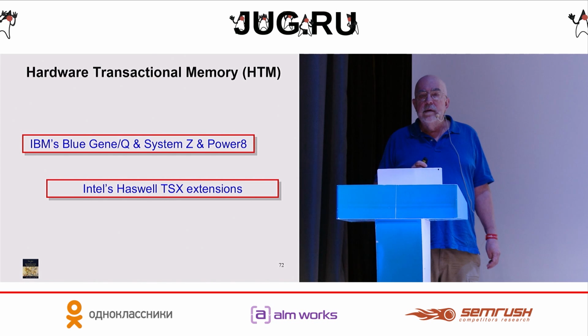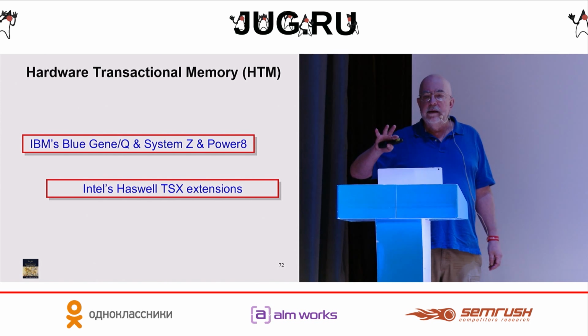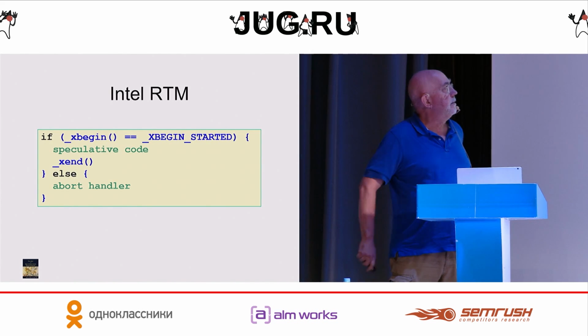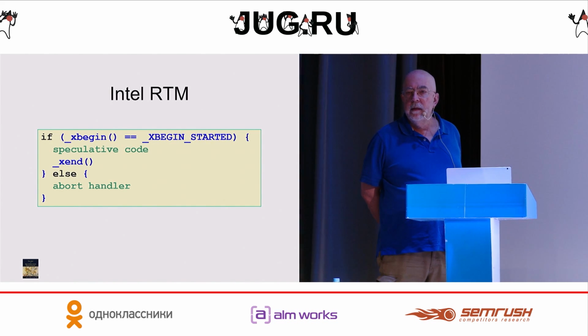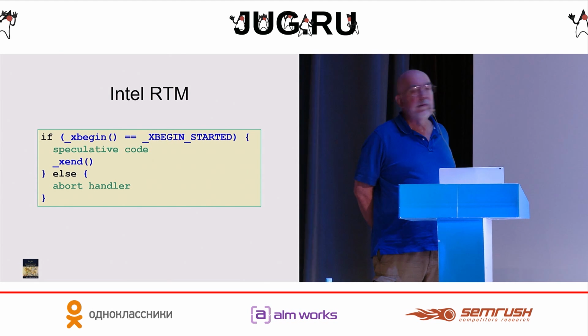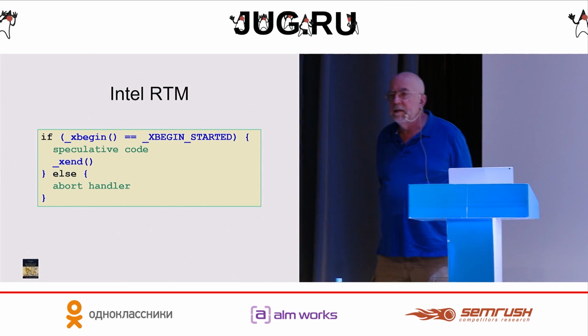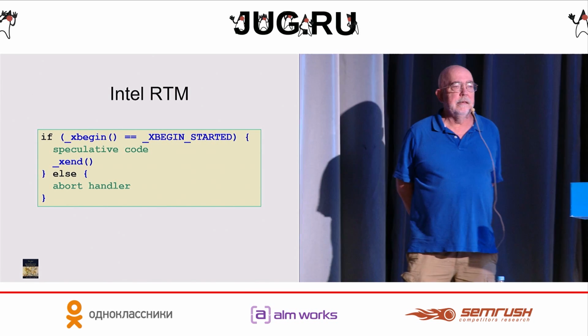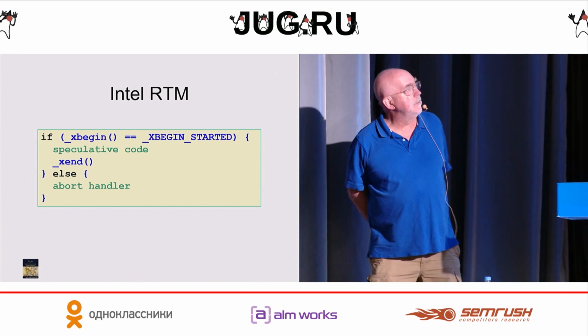So what I'll do next, I'll give you a break right now, but what I'll talk about next is how you program Intel's RTM system. So Intel provides something called reduced transactional memory, which is basically a C library that allows you to access the hardware transactions.